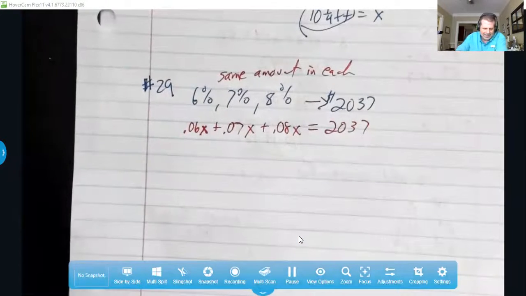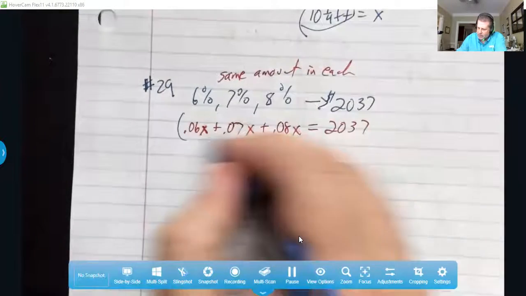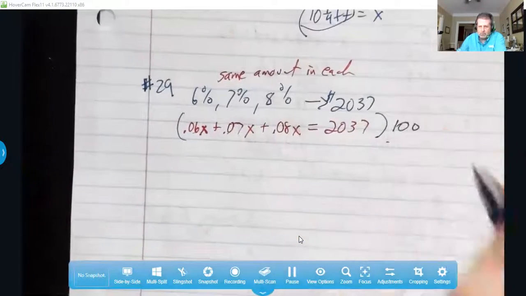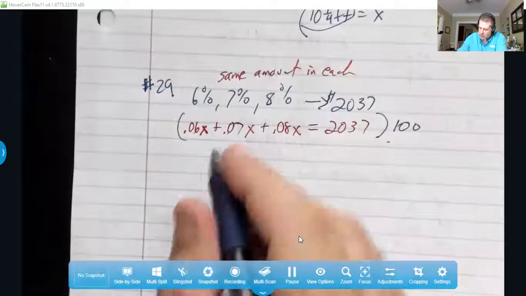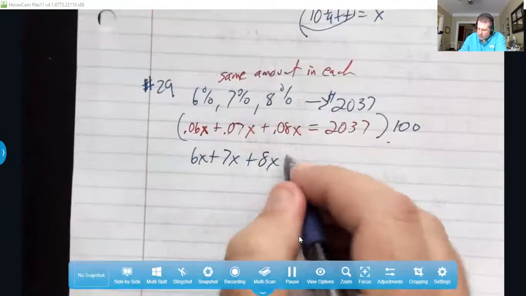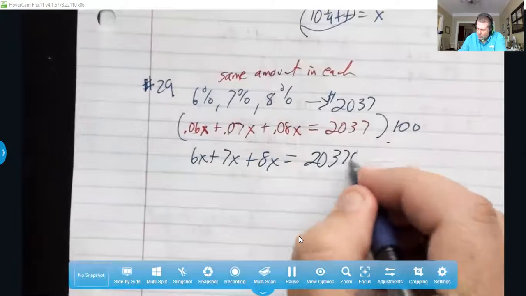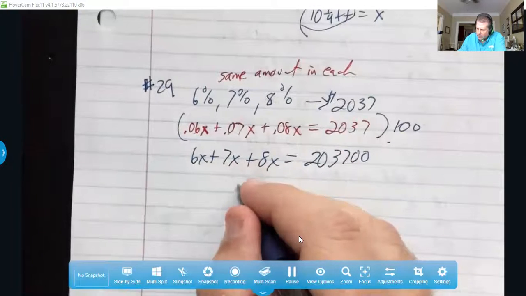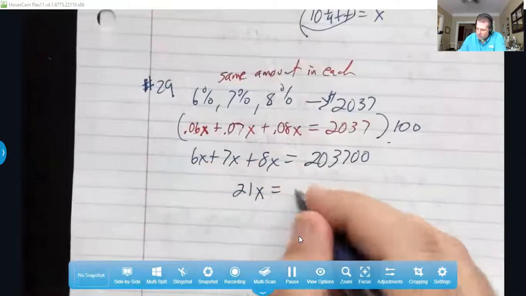Okay, like they did in their problem, we're going to get rid of the decimals. Since there are 2 decimal places in all of them, I'm going to multiply by 100, a 0 for each decimal place, which is going to give me 6x plus 7x plus 8x is equal to, put 2 zeros at the end for 100, that much money. Okay, we're going to add this up. 15 and 6 is 21.